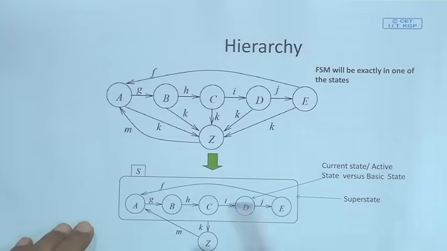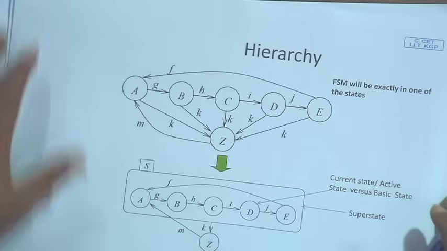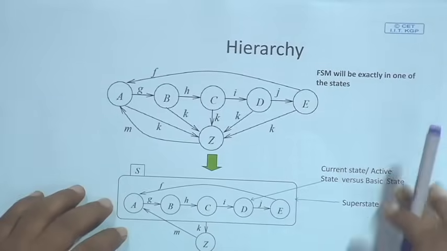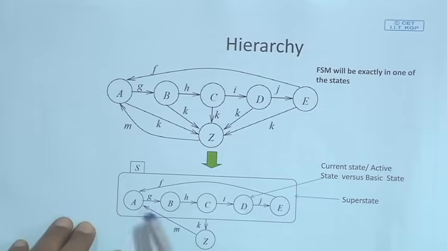What are the states? S and Z. And what happens? If event K occurs, then I exit from state S and come to state Z. If event M occurs, then I leave the state Z and go to state A.